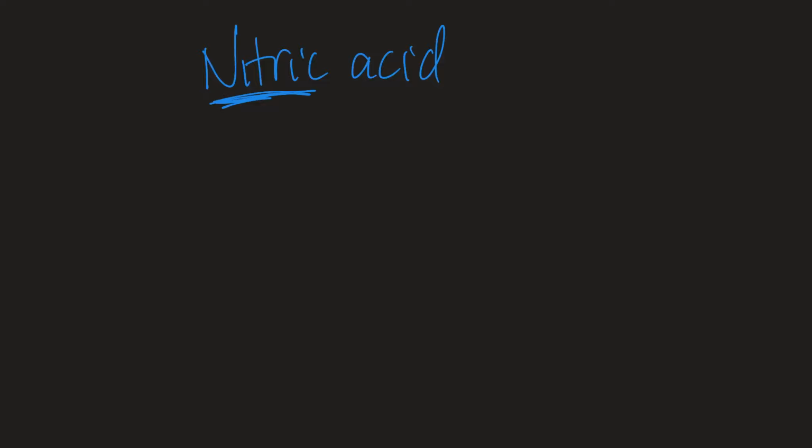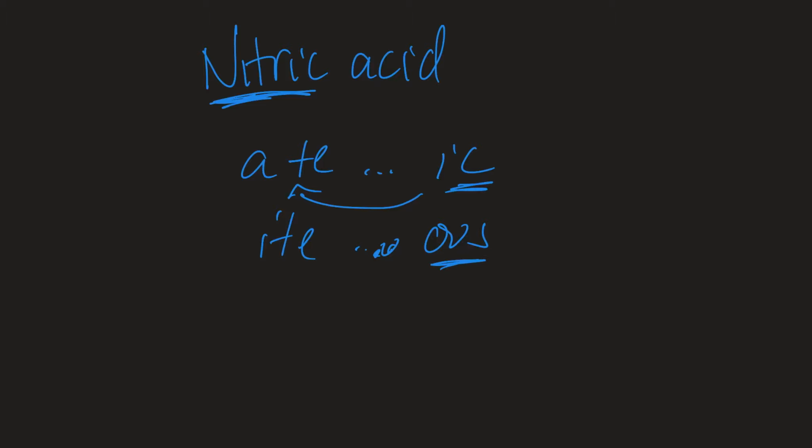Remember, the whole idea is ate, ic, ite, ous. If it has an ic, it came from an ate. If it has an ous, it came from an ite. So this is nitric acid. That means the polyatomic was nitrate, and the polyatomic for nitrate is NO3.